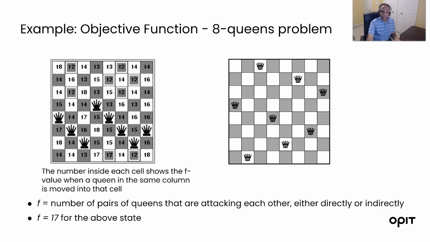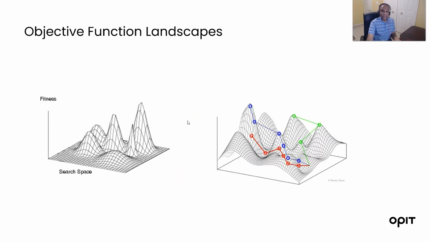Before doing that, let's look at what the objective function or fitness function entails. If you define a fitness function like this, let's say on a two-dimensional space, then what you end up getting is an objective function landscape, which looks something like this. The search space is 2D, which is this plane at the bottom, and the fitness function represents a hill or a mountain or several mountains on it.